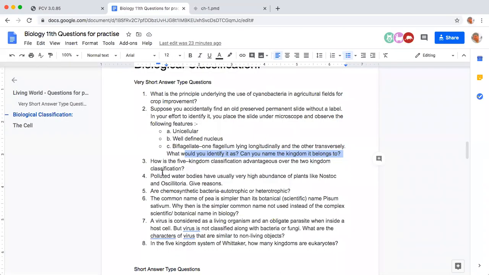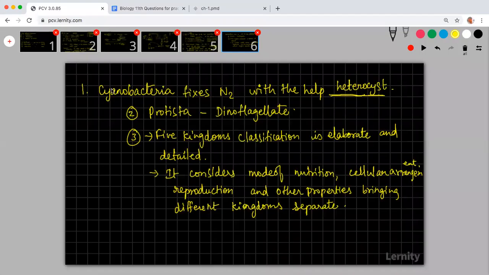Fourth question: polluted water bodies have very high abundance of plants like Nostoc and Oscillatoria. Give reasons, they are asking. Basically, when organic matter is more, the organisms will increase.